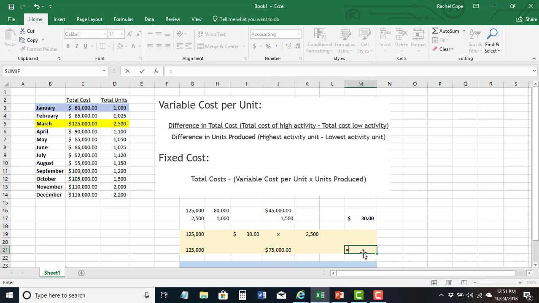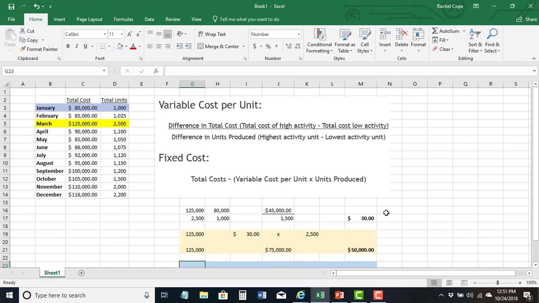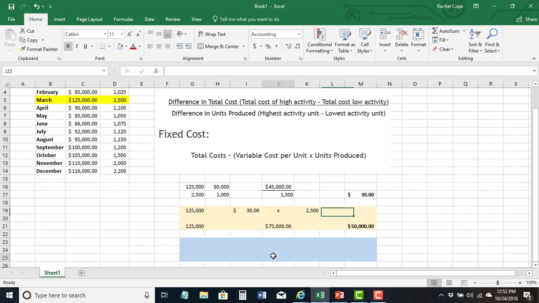So if we take the total costs, 125,000, subtract out the variable cost per unit times units produced, which was 75,000, we end up at 50,000. So our fixed costs are 50,000. And every unit that we produce has a variable cost of $30 a unit. So this is, again, the high-low method. So we're going to look at the high. We can confirm with the low.